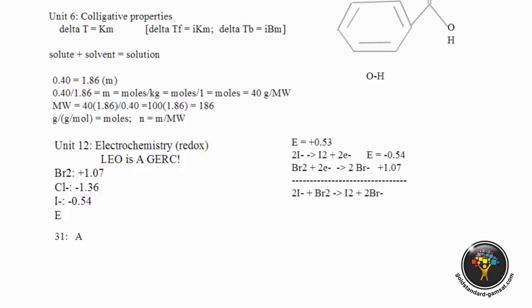So I ignore A. So now I'm going to look at B. When B loses an electron, and I'm looking at B, going to the chart, okay, when it loses an electron, it's the opposite of what I see in table 2. So then for B, the E value would be positive 0.19. That would be the value.